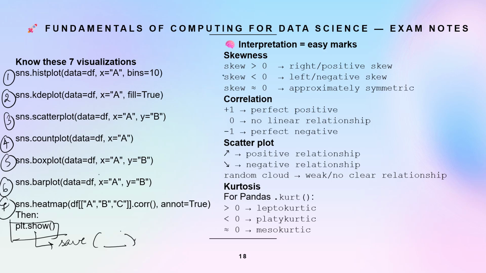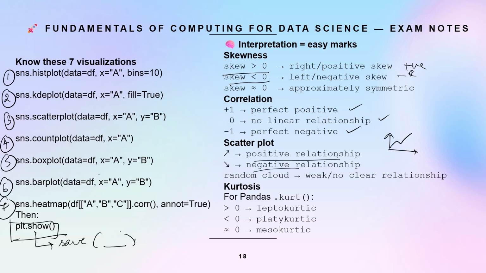Similarly, for skew greater than 0, I told you positive, skew less than 0, negative, and approximately 0 will be stable or symmetric. For plus 1 correlation, you will get a perfect positive, 0 no linear, and minus 1 perfect negative. Now suppose you have a scatter plot, and if we see that it is going up, you see a positive relationship.